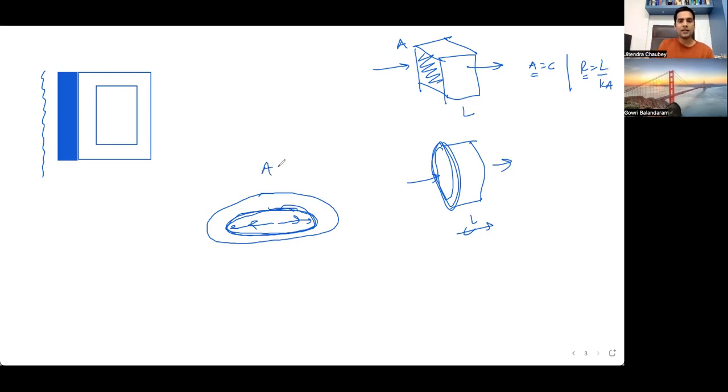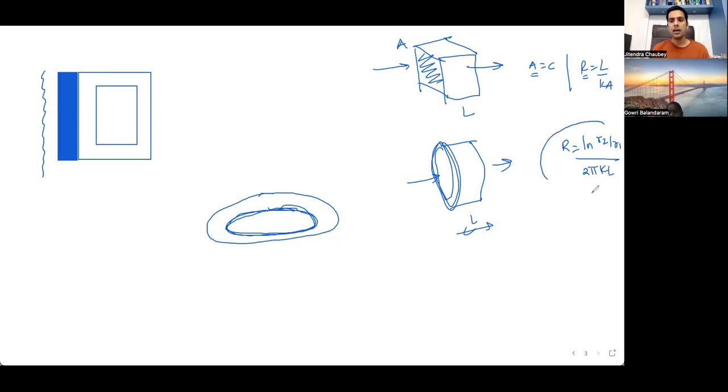Because we know that area of cylinder or circle is pi r square. Yes. So it is a function of r square. Yeah. So that too in a reciprocal. And because it is in reciprocal, once we integrate and we find the values, this formula of resistance for cylinders where the flow is radial is ln r2 by r1 upon 2 pi kL.